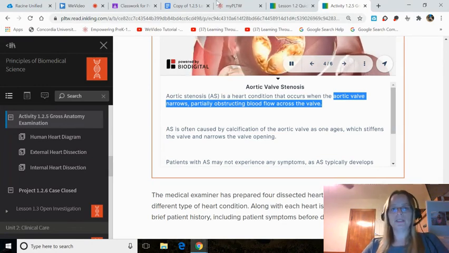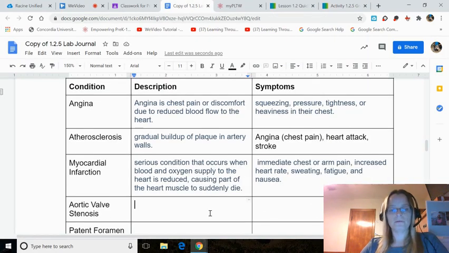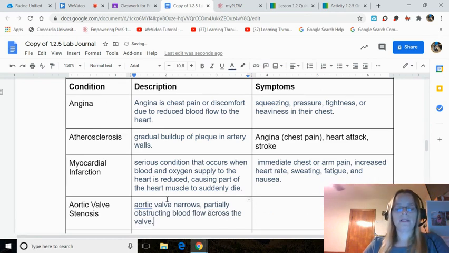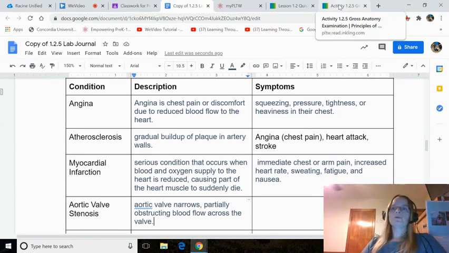I'm going to Control C. I'm going to Control V. That's the description. So that's where blood goes from your left ventricle into your aorta and then into the rest of your body.